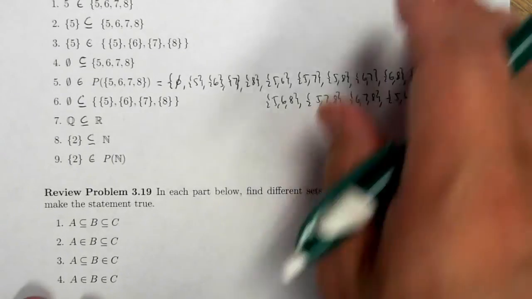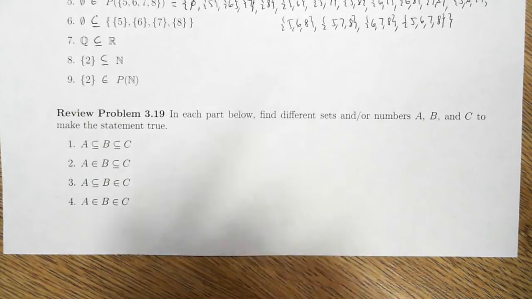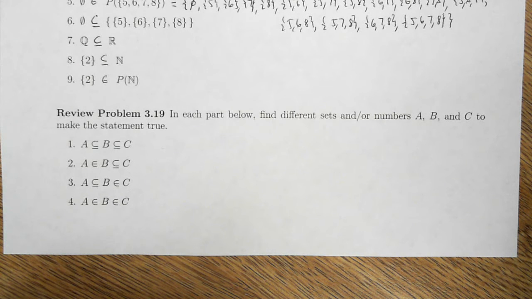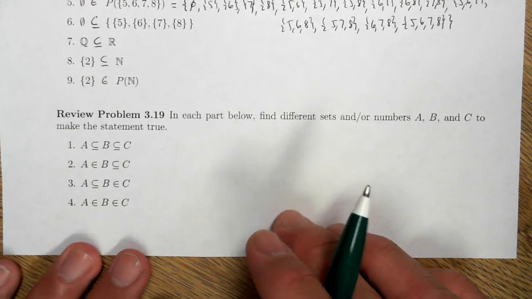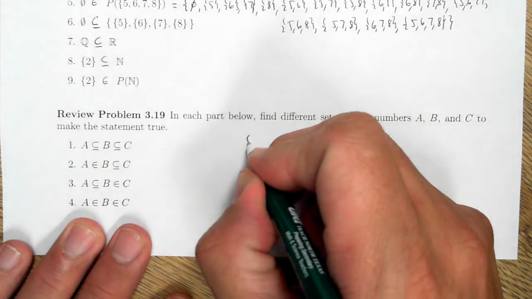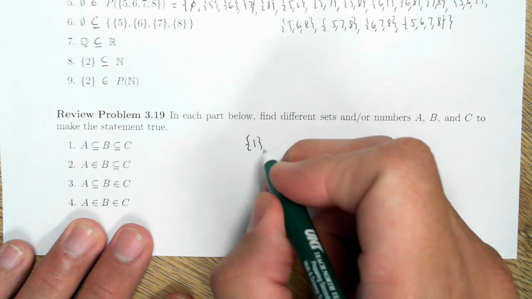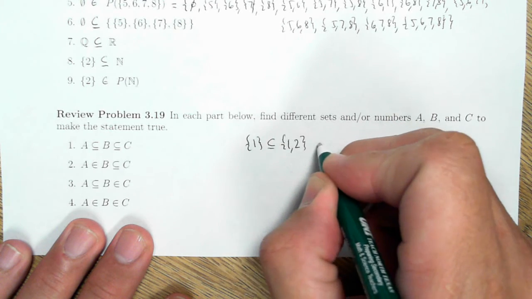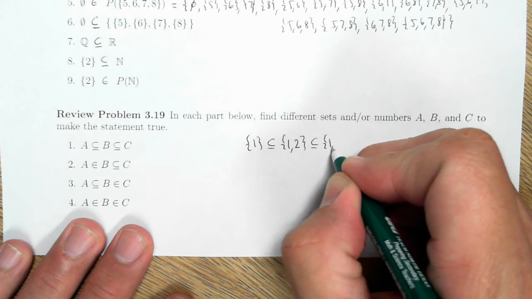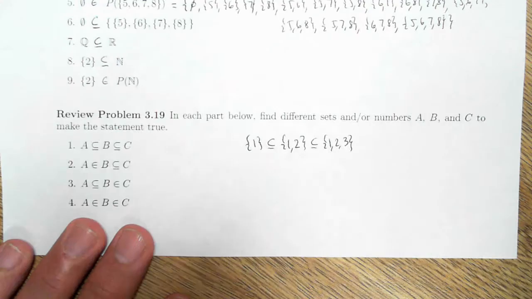Okay, number 319. Now to do this one, we're going to find different sets or numbers to make these things work. There are lots of choices to pick from, so I'm not going to pick examples that are too creative. For this first one, the set that contains 1 is a subset of the set that contains 1 and 2, which is a subset of the set that contains 1, 2, and 3.